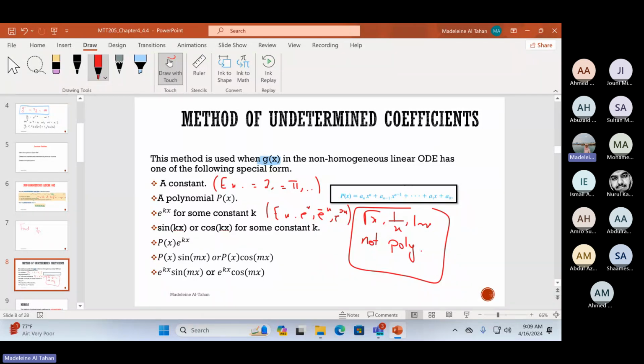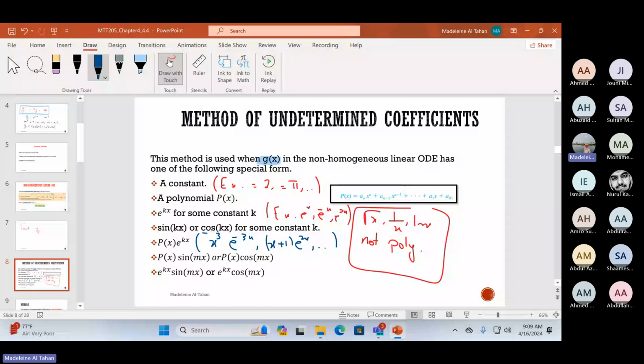We have a polynomial multiplied by an exponential, like x cubed e power negative 3x, or x plus 1 times e power 2x, and so on.